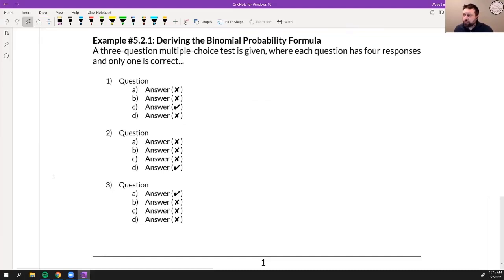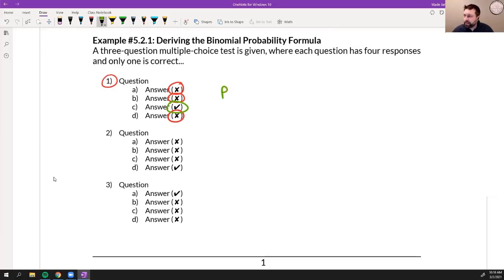We're going to derive the formula for calculating probabilities with an example. So in this situation, we have 3 trials. Question number 1, question number 2, question number 3. Okay, so there's 3 trials. And for each trial, you have 4 answers, 3 of which are incorrect and 1 that is correct. So this is your standard 4-question multiple choice test, right?